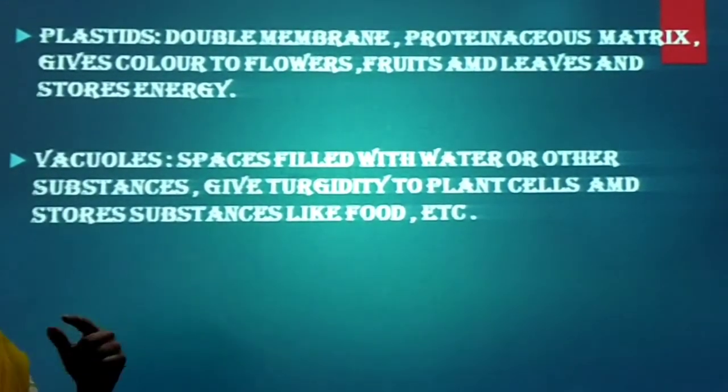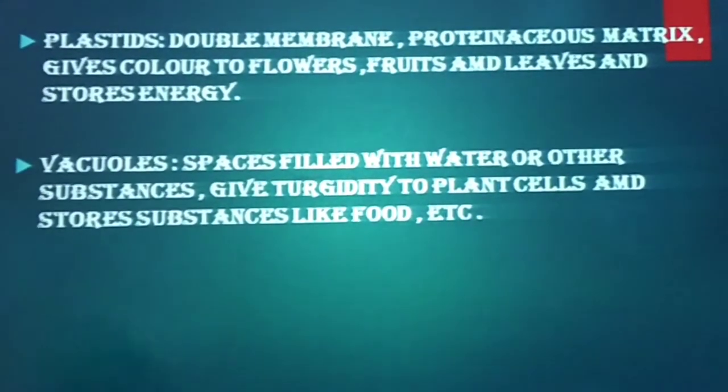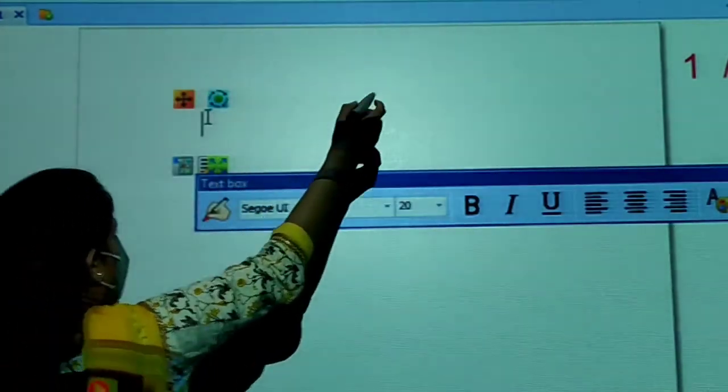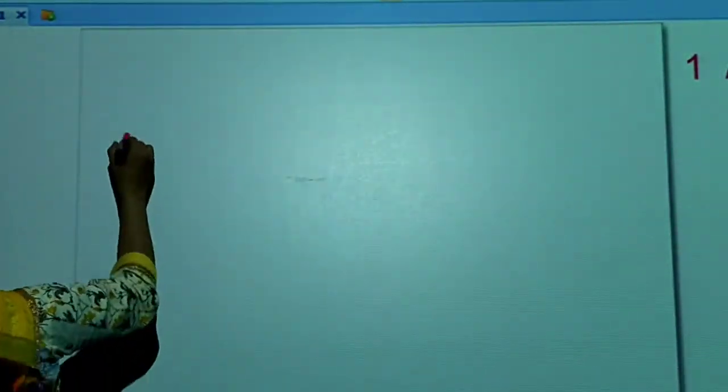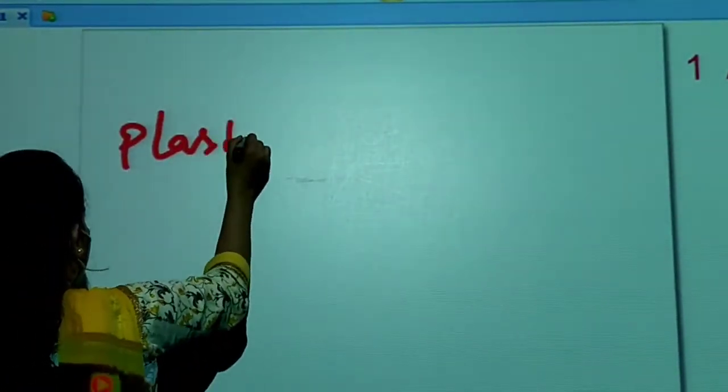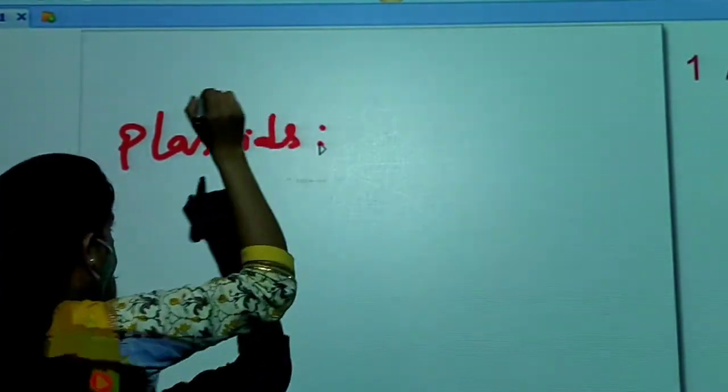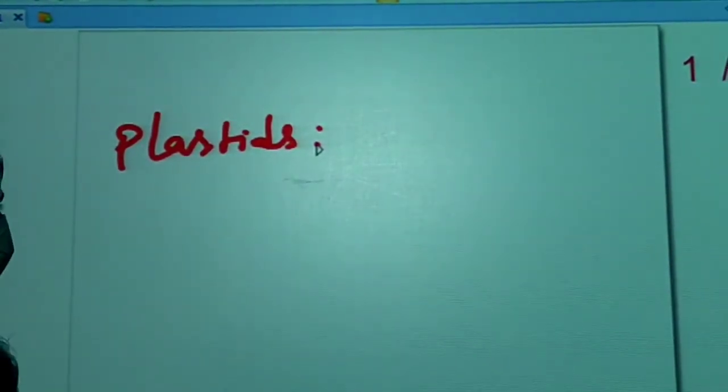Now apart from that, chromoplast. Plastids, I have told you, have the role of imparting color to the parts of the plant.